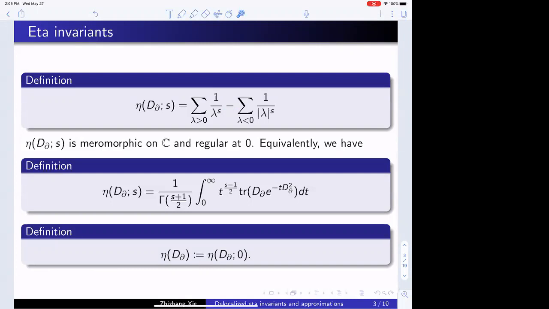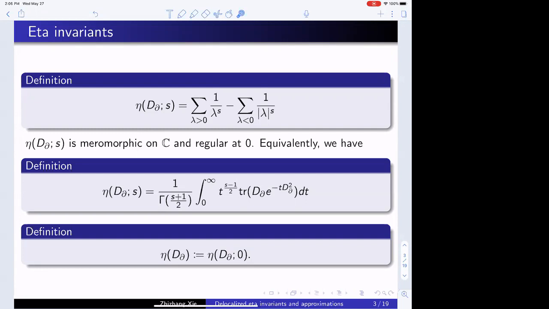Now, from standard analysis for these elliptic differential operators, the Weyl theorem and so on, an immediate consequence of those estimates is that the right-hand side converges when the real part of s is big enough. And then from some standard asymptotic expansion, you can see that this is meromorphic.